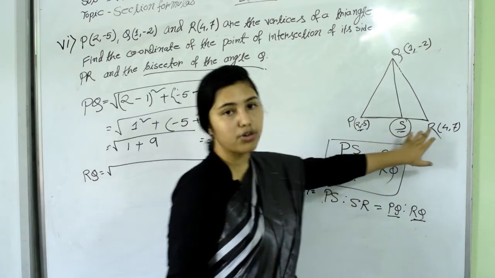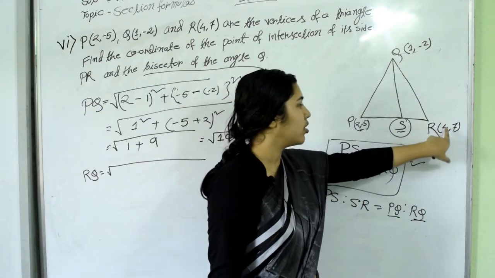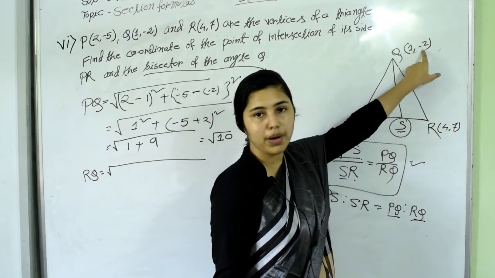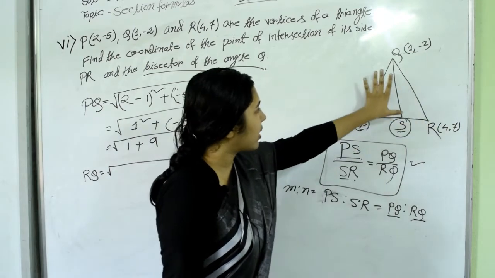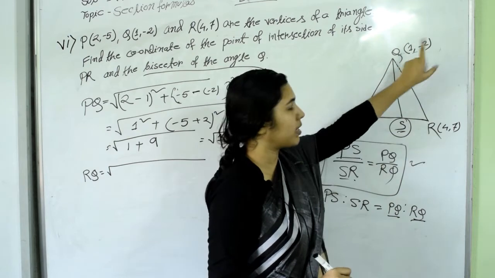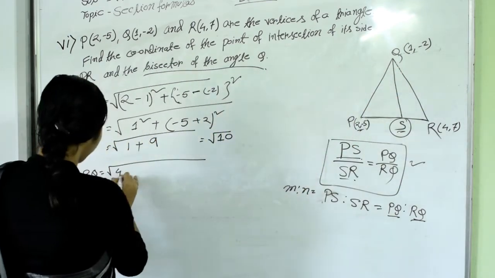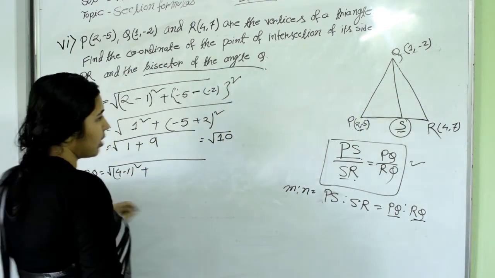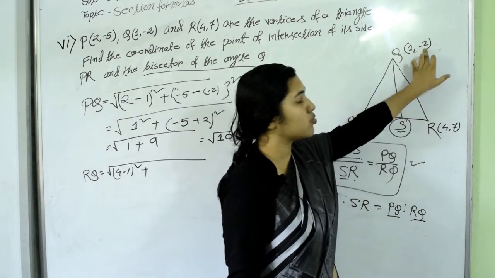Again we know the coordinates of R and Q, 4, 7 and 1, minus 2. So again find the distance between these 2 points. So again x1 minus x2 square, which is 4 minus 1 square, plus y1 minus y2 square.